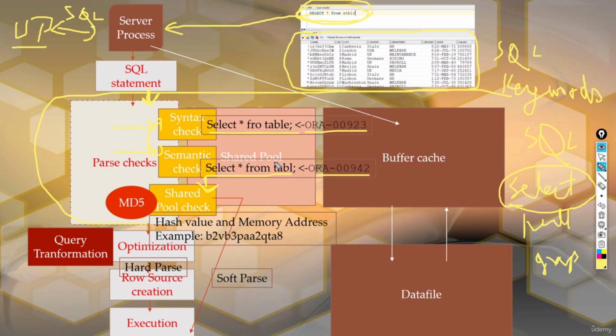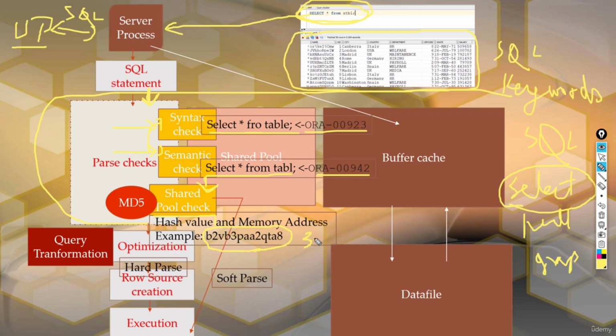Okay, so in the shared pool check, a hash value for the SQL statement will be generated. Okay, say for example, the SQL ID will look similar to this, with 13 characters.